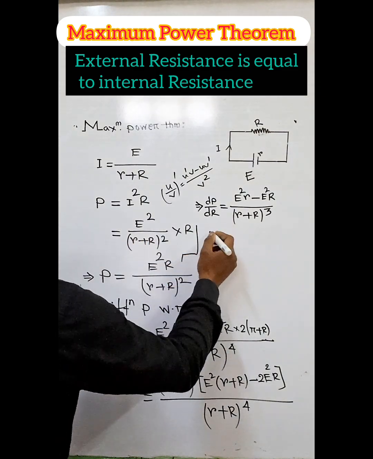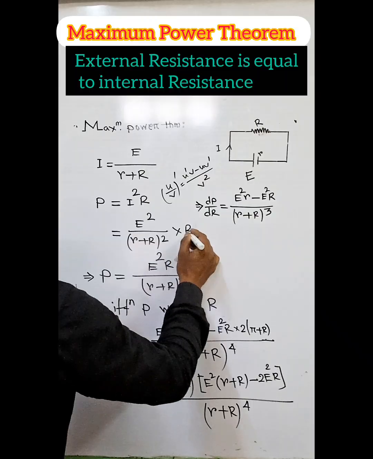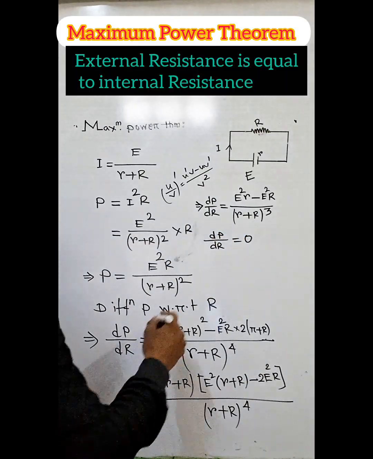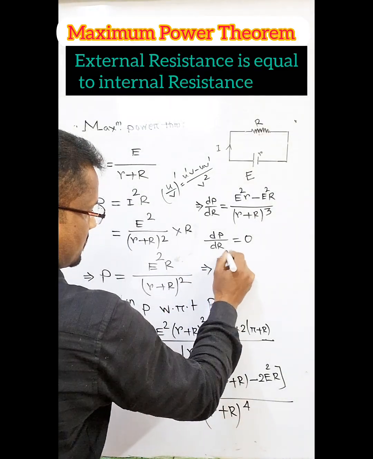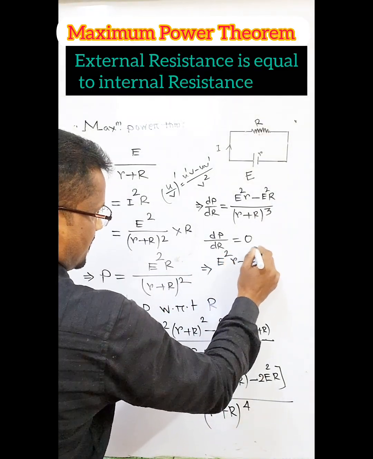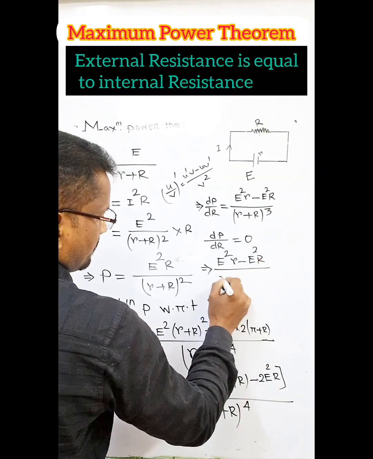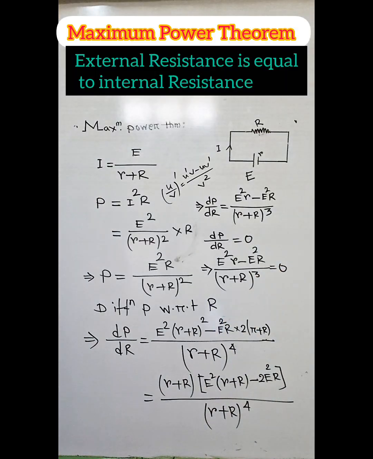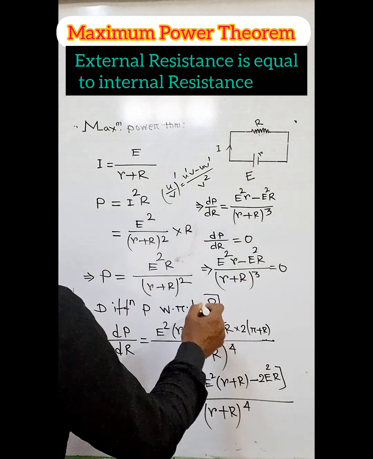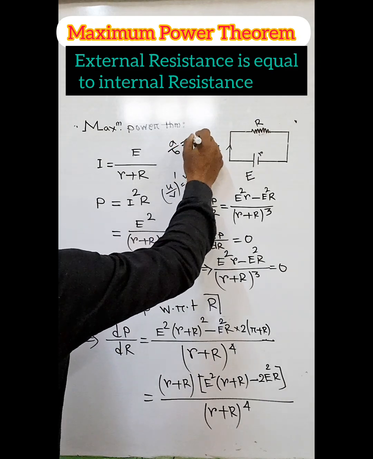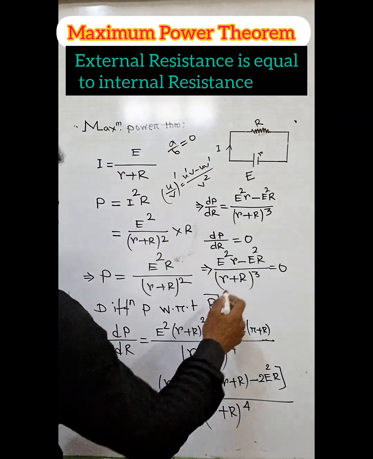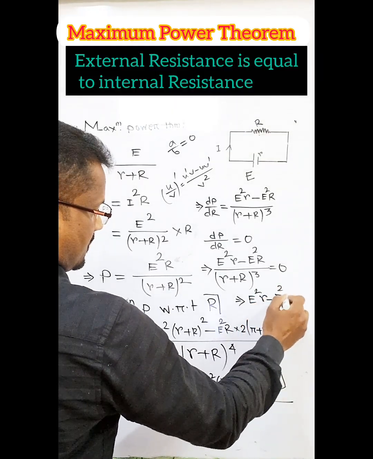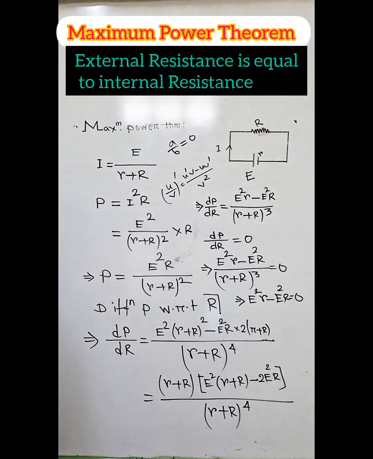Just write, for maximum value, dP by dR must be equal to 0. This will give E square r minus E square capital R divided by (r plus R) whole cube equal to 0. As you know, if a by b equals 0, then the numerator must be 0. So from here you get E square r minus E square capital R equals 0.